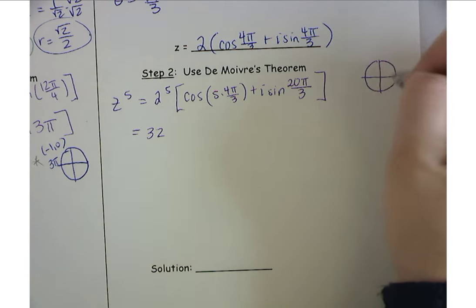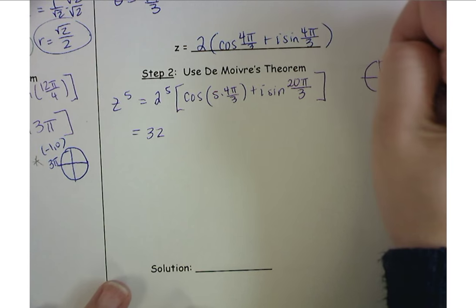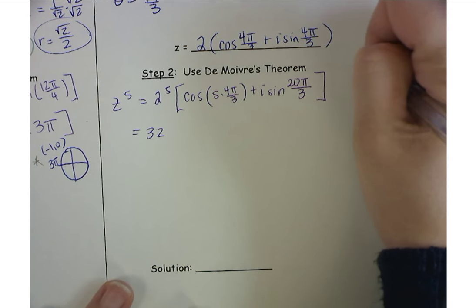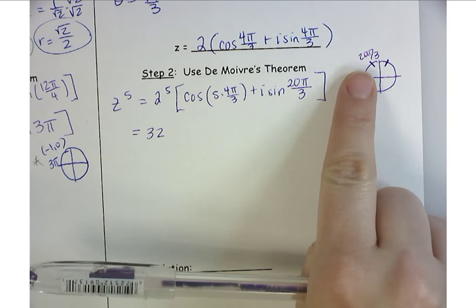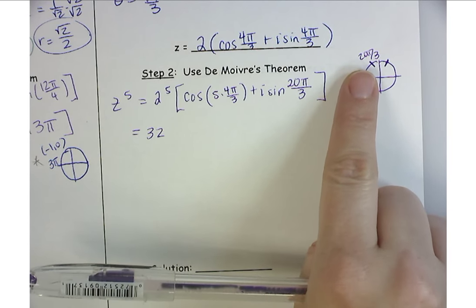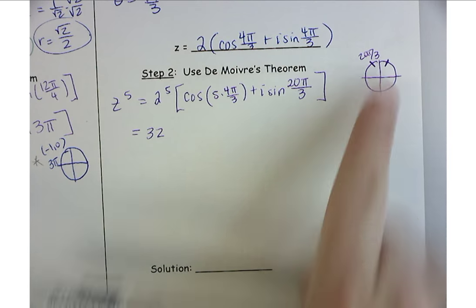So if I'm at 6, and then I go around again, and then I'm at 12 pi over 3, I go around again, I'm at 18 pi over 3, so then I'm at 19 pi over 3, and then here is where 20 pi over 3 is, which really, that's the same spot as what? 2 pi over 3.